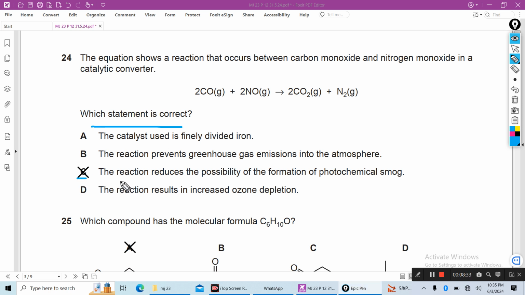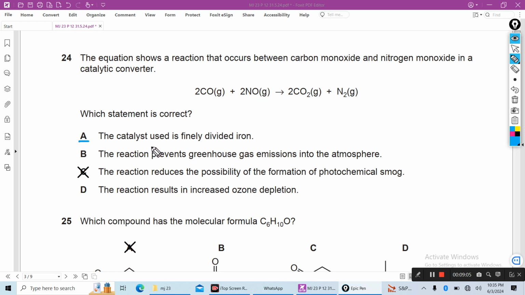C. The reaction reduces the possibility of the formation of photochemical smoke, as nitrogen oxide amount decreases, so photochemical smoke will decrease. That's why C is the right answer.